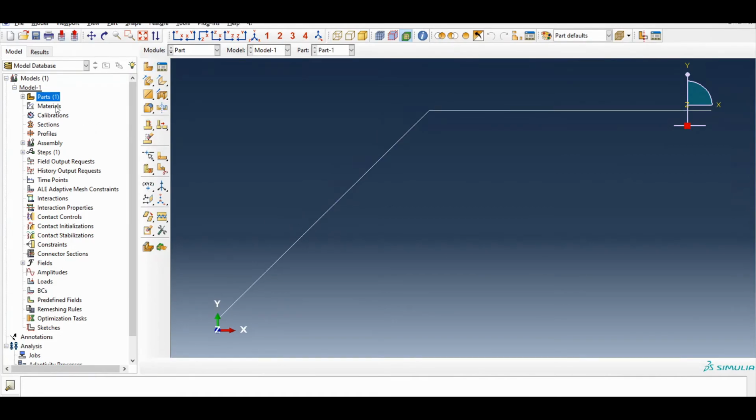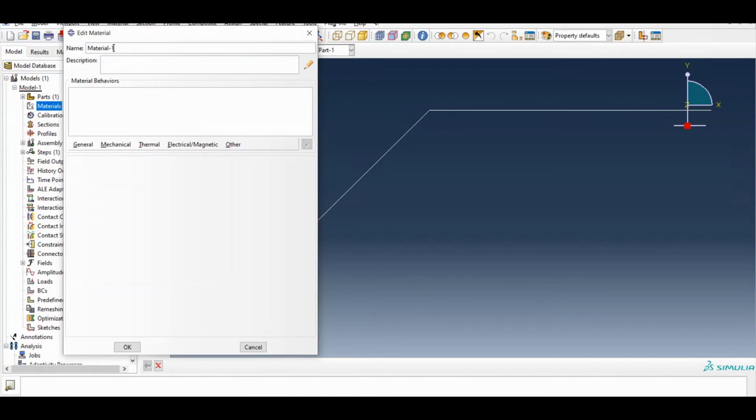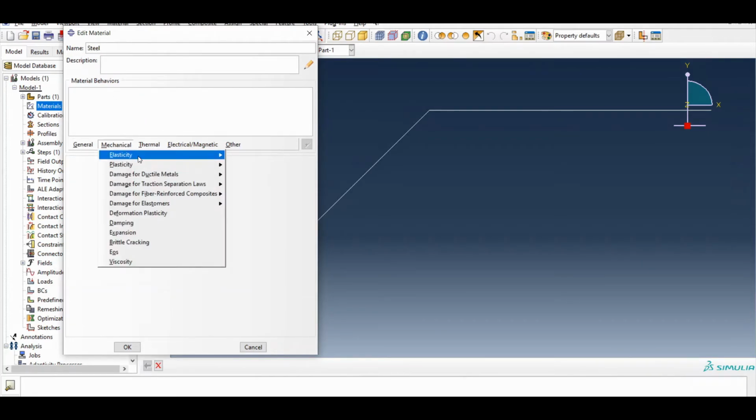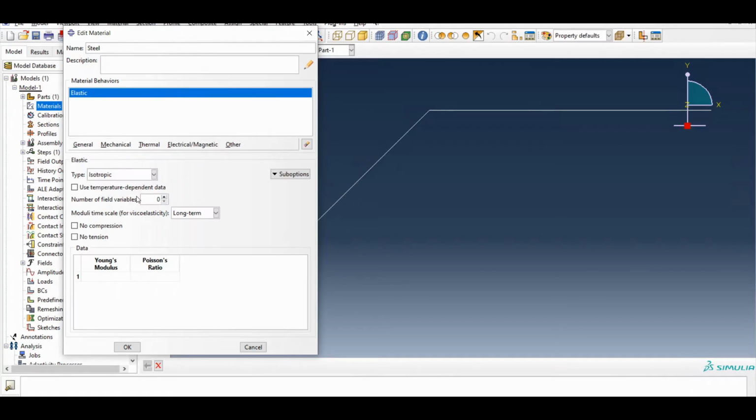Now let's go to materials. I'll just name this one steel. Now for this one, go to elastic. Now we are given here that our modulus of elasticity is 30 into 10 to the power 6 psi. As I have mentioned before, you have to be consistent with your units to obtain desired results in desired format or in desired units.